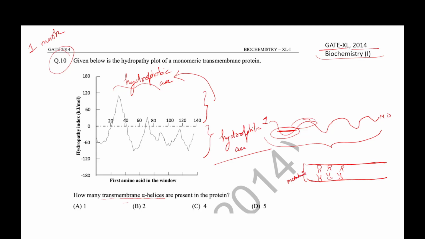Transmembrane means that the protein spans through the membrane, so we can say it is an integral membrane protein.